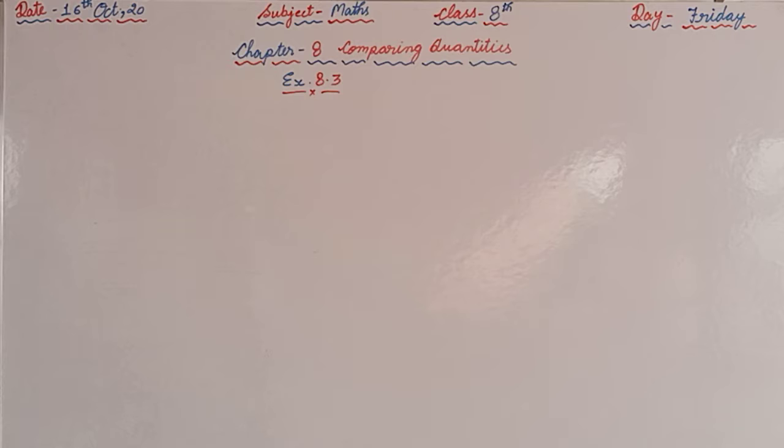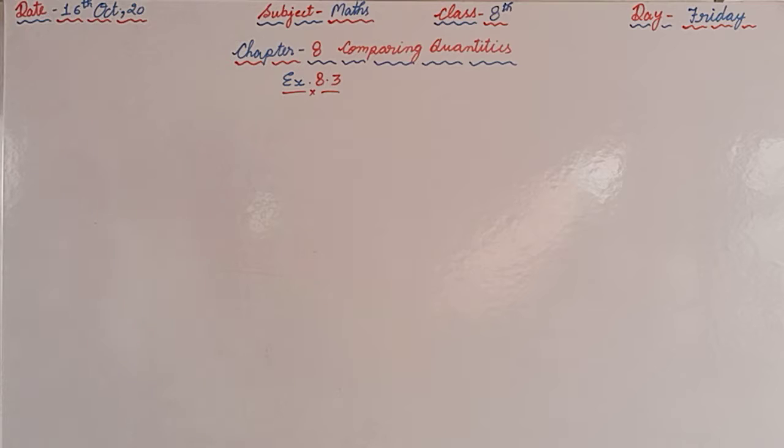Now first of all we are supposed to read question number 8, what is given, what type of information is there. So question number 8 is, find the amount and the CI, means compound interest, on rupees 10,000.